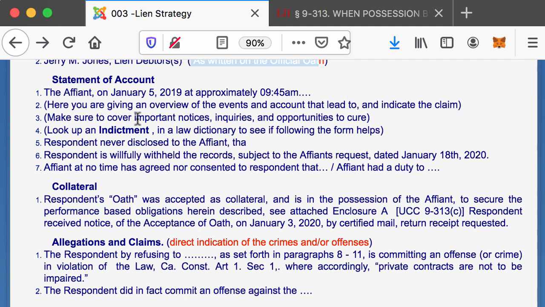Make sure to cover also right here in this overview, basically the background information, you will cover your interactions with the public official, the notices that were given. And now another thing, when you write, you could just allege, basically, you gave the respondent notice by mail on January 8th.